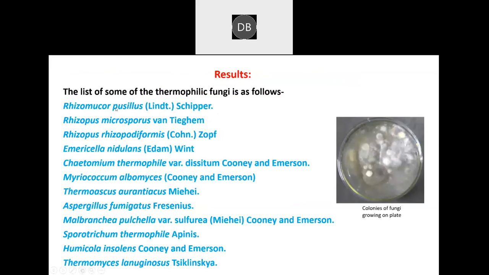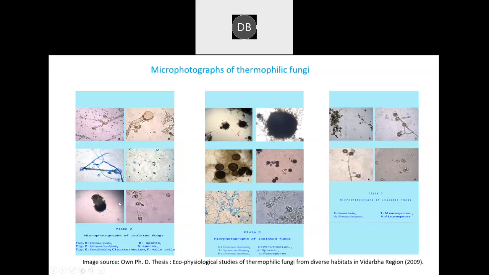During the isolation, this list of fungi, along with others, can be seen: Rhizomucor pusillus, Rhizopus microsporus, Rhizopus rhizopodiformis, Emericella nidulans, Chaetomium thermophile, Myriococcum albomyces, Thermoascus aurantiacus, Aspergillus fumigatus, Malbranchea pulchella, Sporotrichum thermophile, Humicola insolens, and Thermomyces lanuginosus.